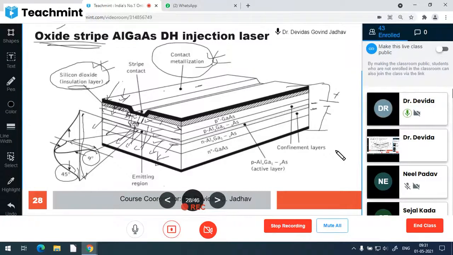Again, these different materials are there: P plus GaAs, N plus GaAs. These are for making good conductivity contacts with the metallization.